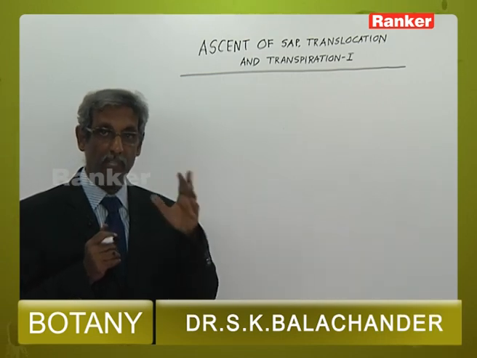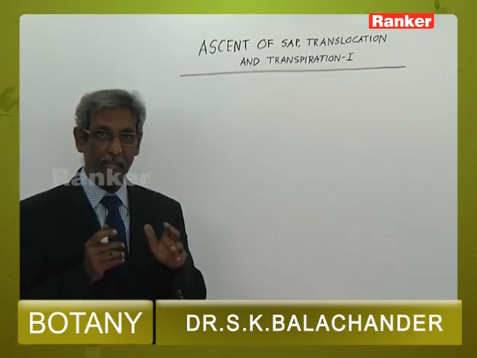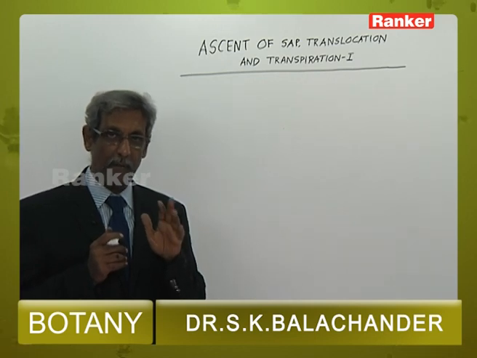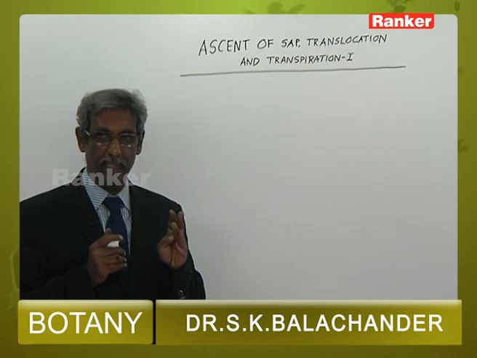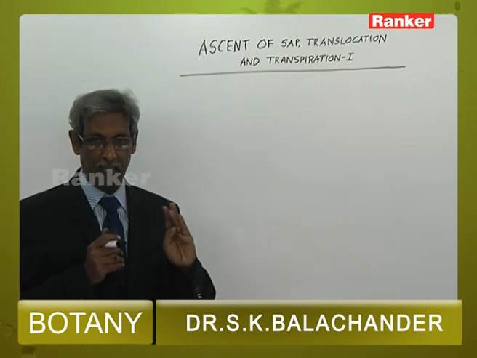Next, we go into long distance transport. When we take long distance transport, we are talking in terms of translocation of both water and nutrients from the source to the sink.